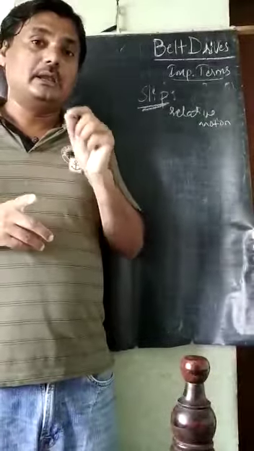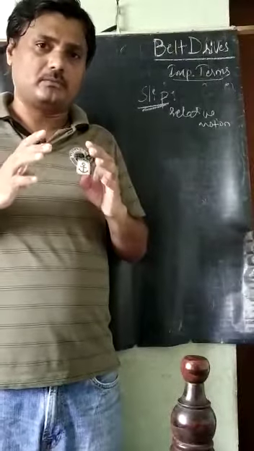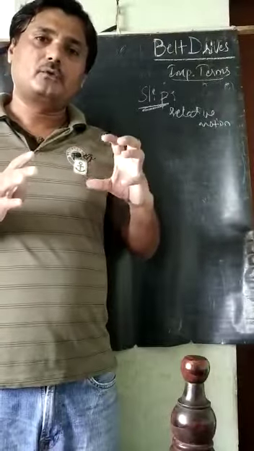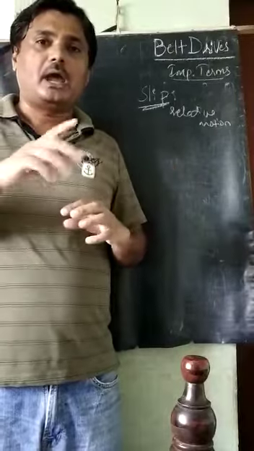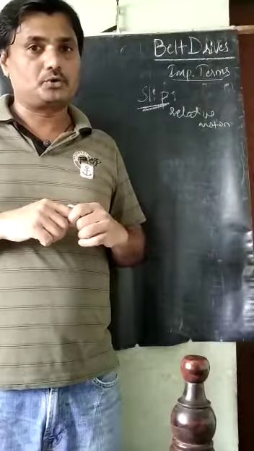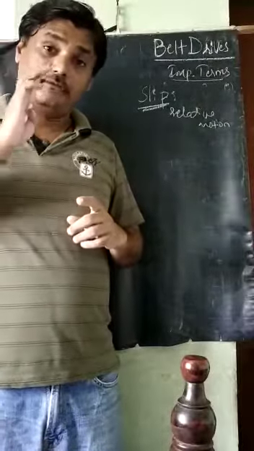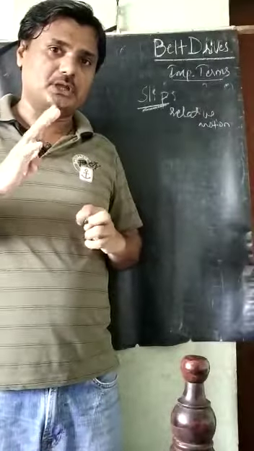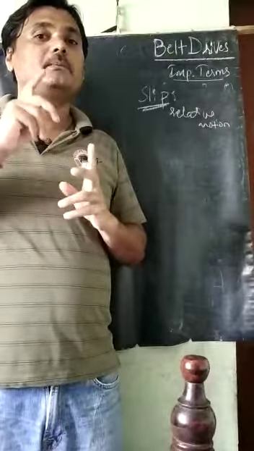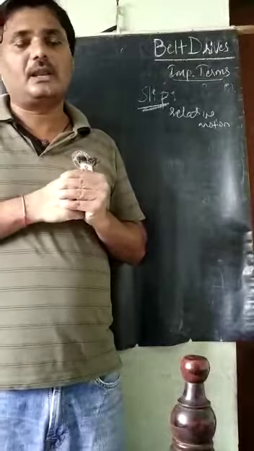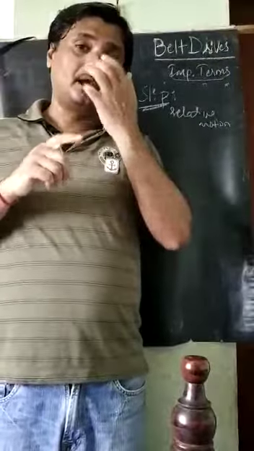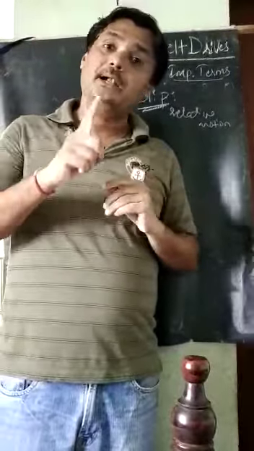If the relative motion exists, meaning the pulley is rotating with some different motion and the belt is rotating with a different speed, then definitely slip will occur. That is why slip is the relative motion between the belt and the pulley.